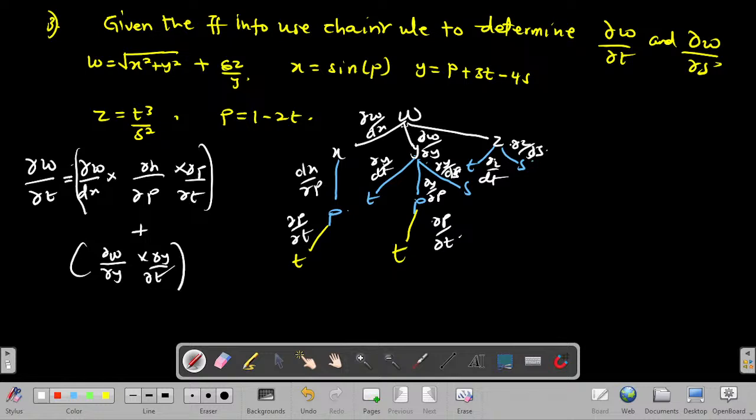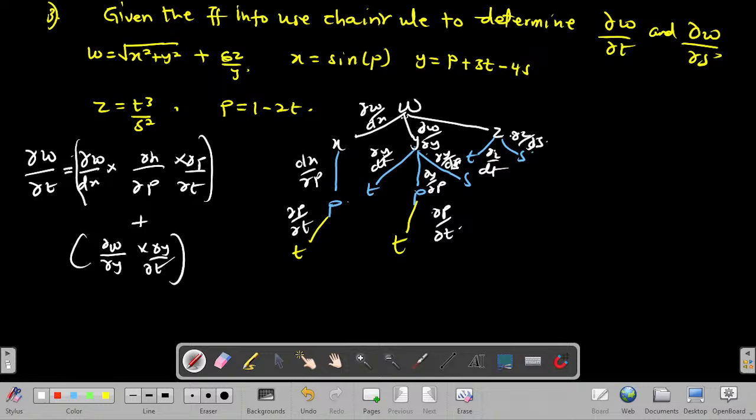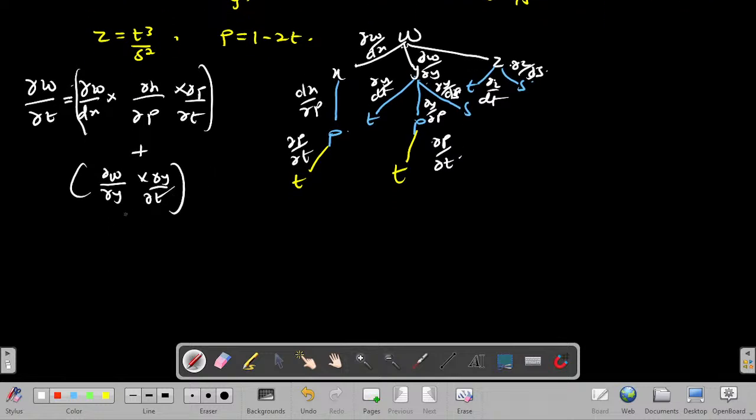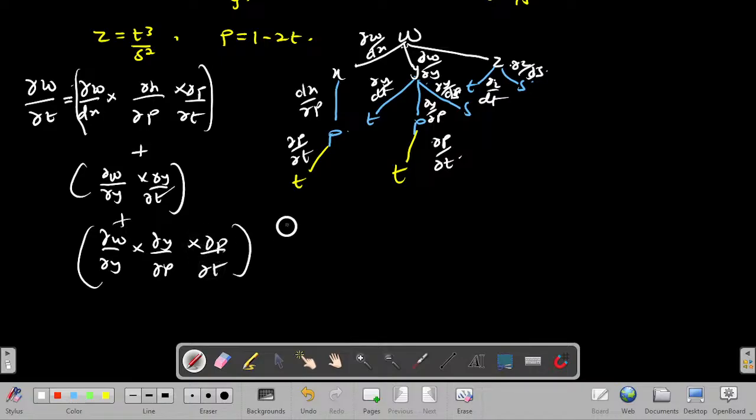Then plus, you're not done. We can also move to t this side too. So the partial of w over y times the partial of y over p, times the partial of p over t. We are not done.